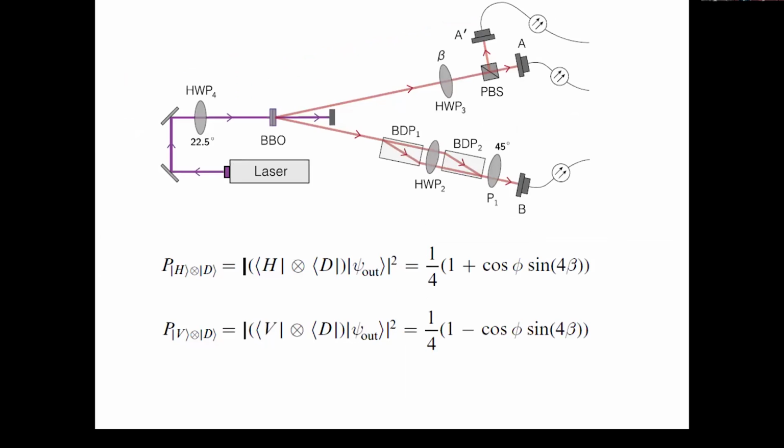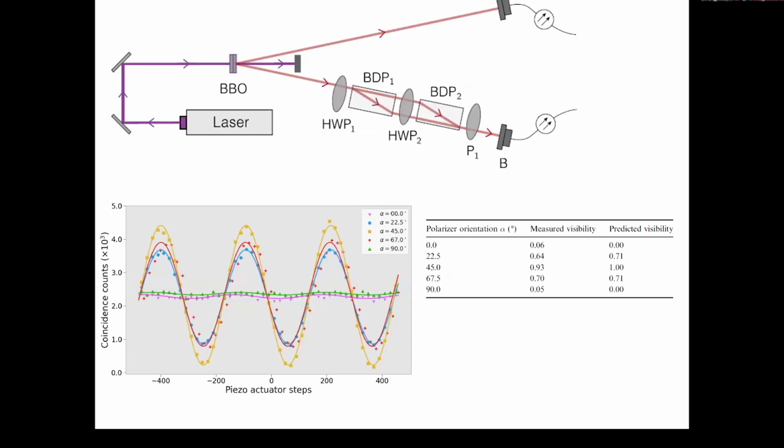In fact, one of the objections to this experiment was that it's not true quantum erasure because this polarizer can be considered to be a part of this interferometer.